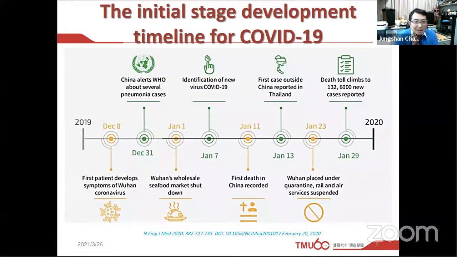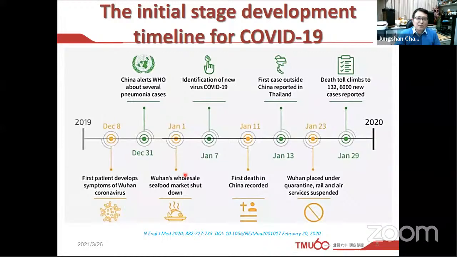Let's look at the timeline during the onset of COVID-19. It was first discovered on December 8th, when the first patient developed symptoms of Wuhan coronavirus. In less than 2 months, until January 29, it had been reported 132 deaths and 6,000 new cases.